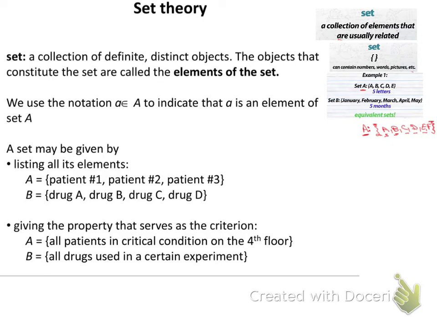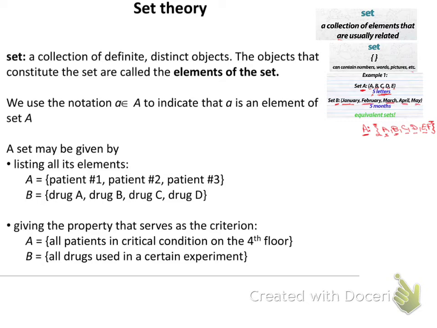In this example, set A has 5 alphabetical letters, A, B, C, D, E. It could be numbers, months, objects, organs, or anything. Set B has 5 elements, 1, 2, 3, 4, 5, but these are not alphabetical letters. They are 5 months, the names of the months: January, February, March, April, May.